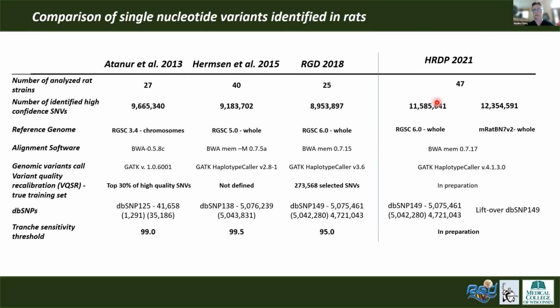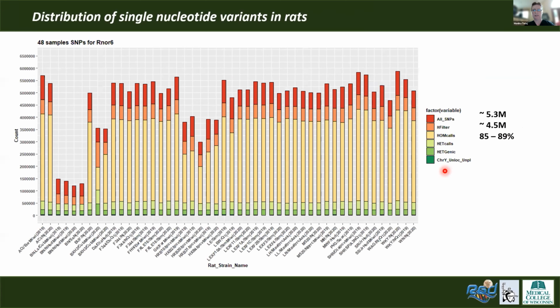Currently we can see that we have 47 rat strains and a nice increase in the population of single nucleotide variants. There is also some comparison of the improvement of the software over the years, and I will also show some annotation details.